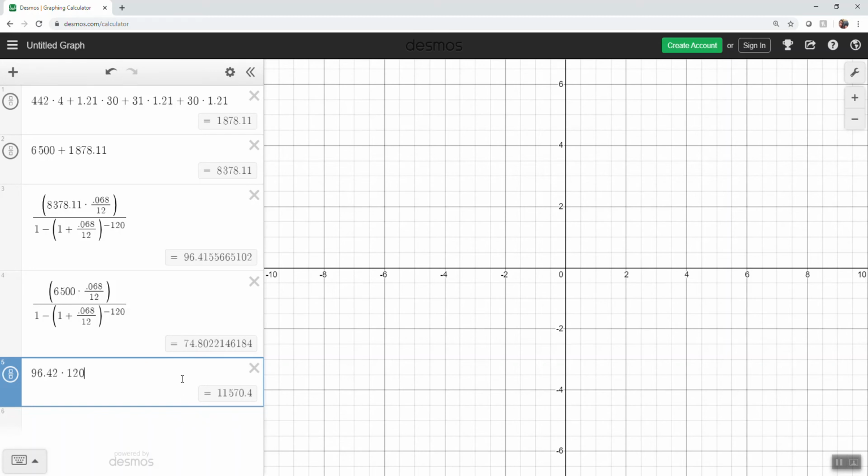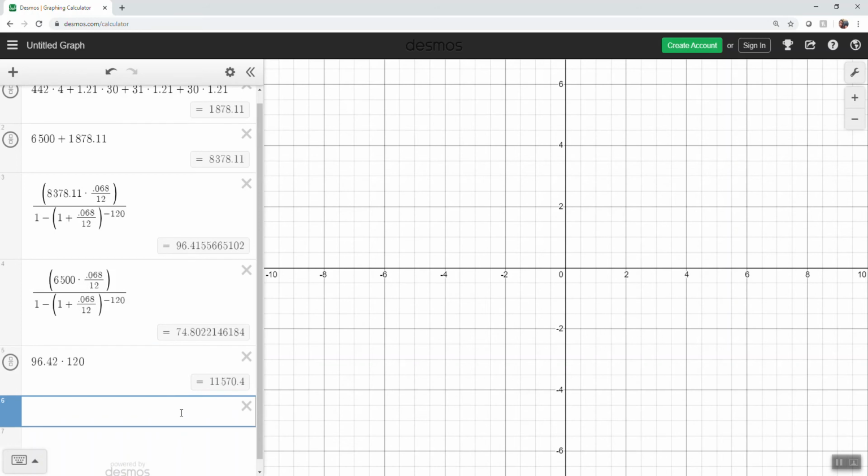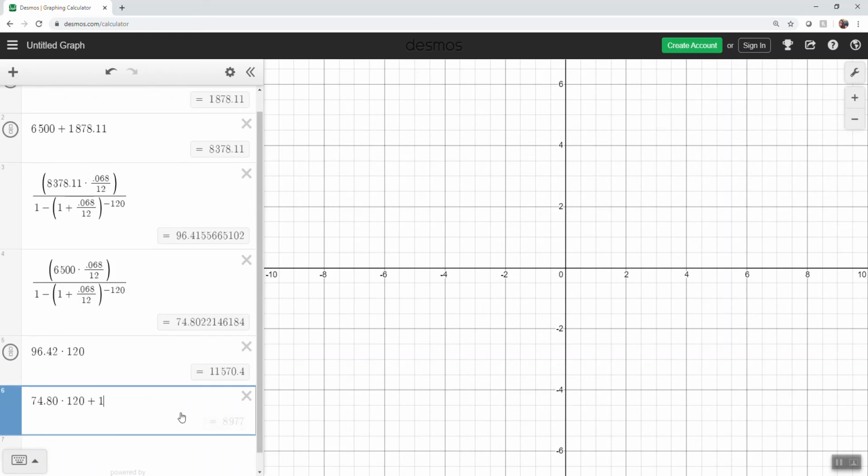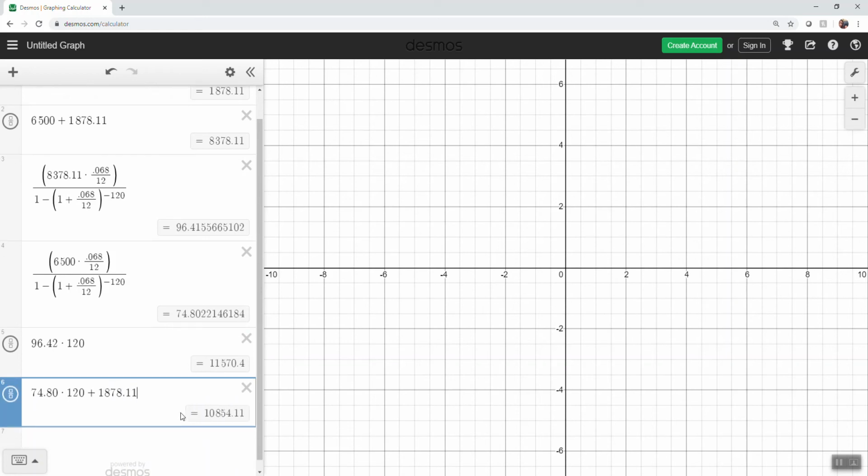$11,570.40 for that one, the unsubsidized loan. For the subsidized loan, we would have ended up paying $8,976, and then if we include the interest in that 1878.11, we would be paying $10,854.11.